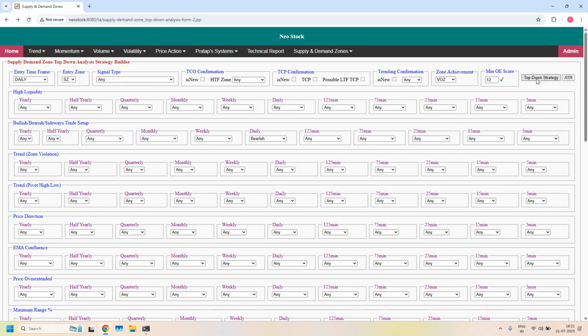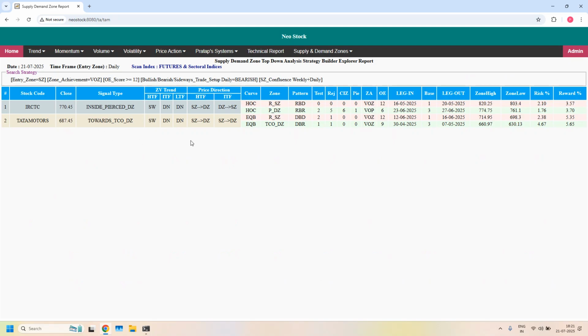Let us apply on both the stocks. Now both are filtered. That means in both these stocks, these daily supply zones are overlapped with weekly supply zone, and the weekly trend is a downtrend. ITF is weekly, LTF is daily, HTF is monthly. Because daily supply zone overlapped with weekly supply zone, that is what the supply zone confluence search filter does.